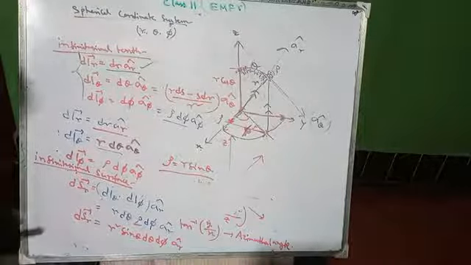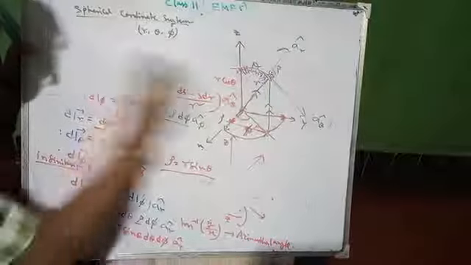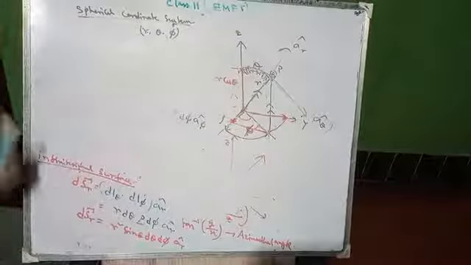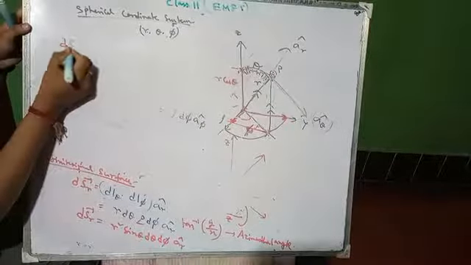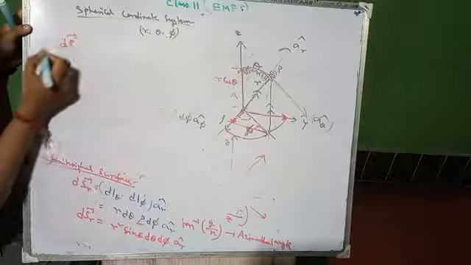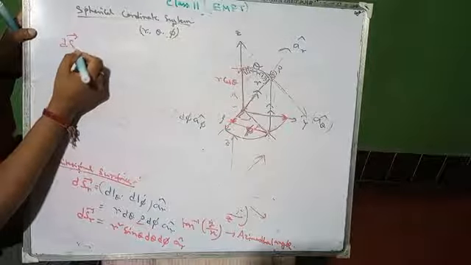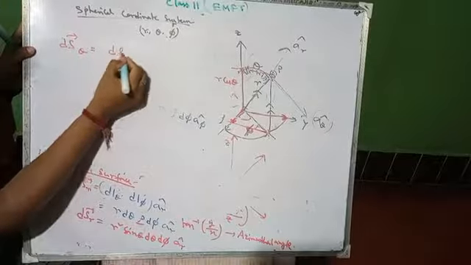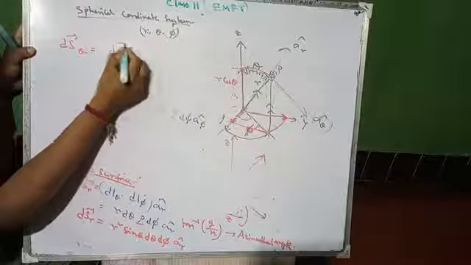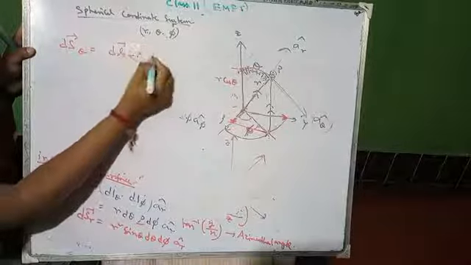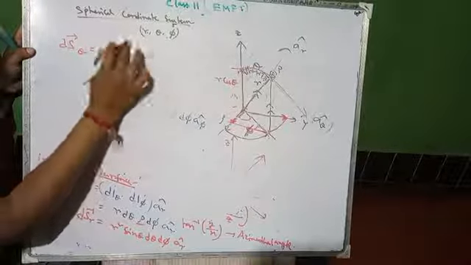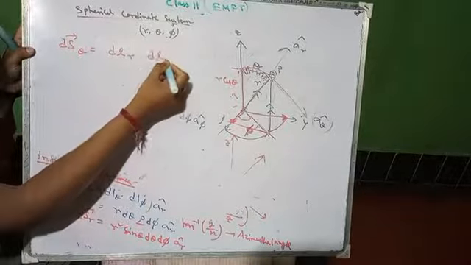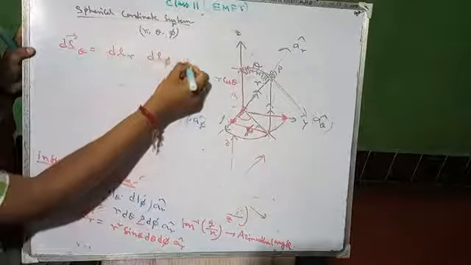Okay, so now the infinitesimal area or surface along theta. So dl_r into dl phi, just multiplication, into a theta cap.